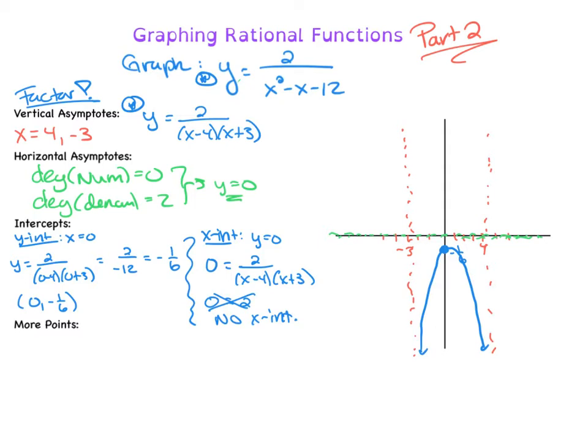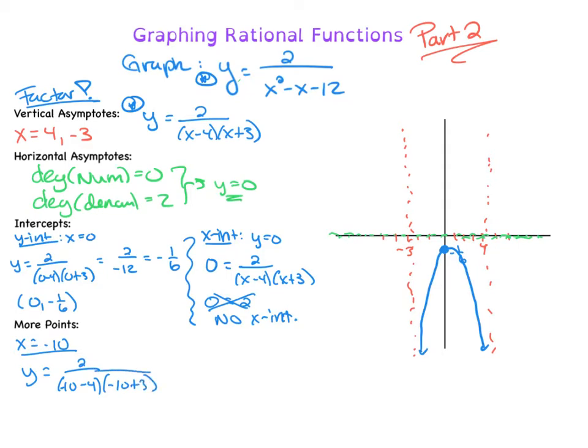Okay, to figure out what's happening to the right of x equals 4 and to the left of x equals negative 3, we're just going to plot a couple more points. Now you could pick, let's say, x equals negative 4 if you want to, but I kind of like to exaggerate, so I'm going to pick x equals negative 10. So let's plug that in: y equals 2 over (negative 10 minus 4)(negative 10 plus 3).